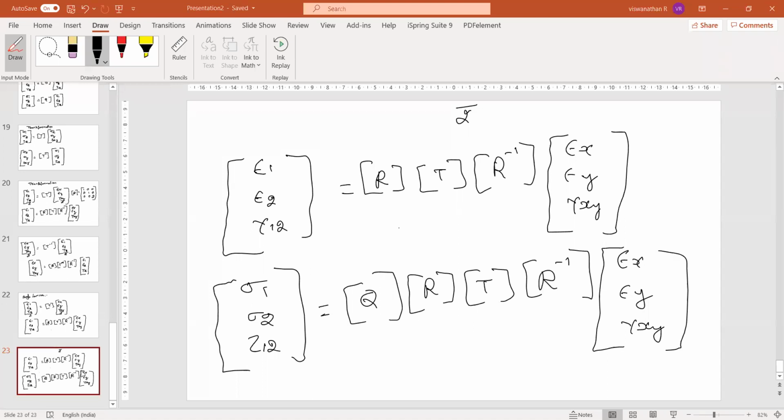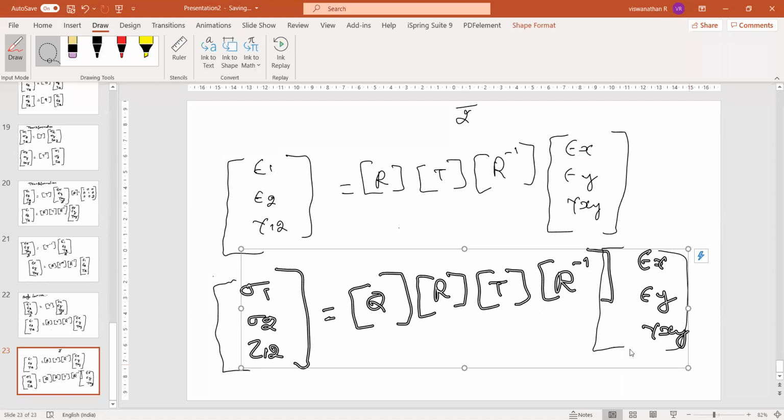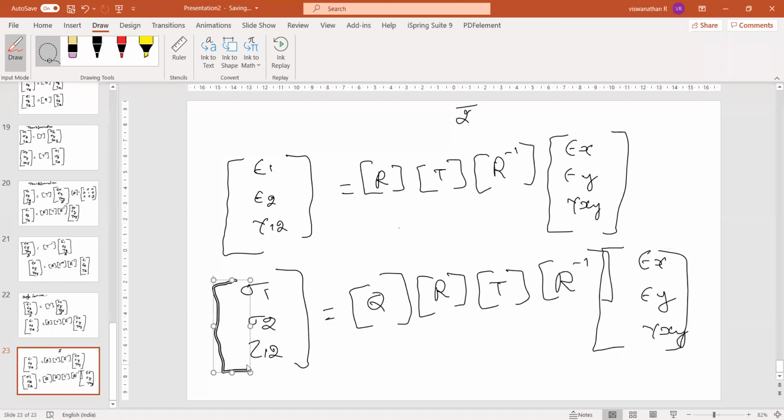So what I wanted was a relation for the global stresses and global strains. Okay, so for that, what do I do? I'll just copy this last thing again.